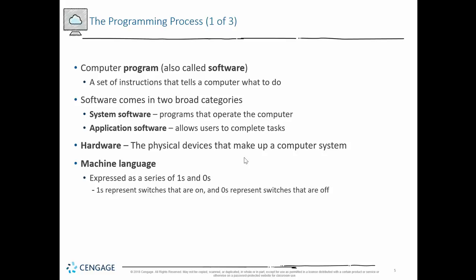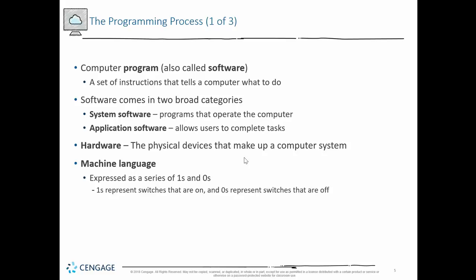Now, this is totally a software class as opposed to hardware. The hardware is the computer itself and all the physical devices that are associated with it: the mouse, the keyboard, the central processing unit, printer, etc. What we want to do is write high-level language, C# code, that we run through a compiler, and that compiler will convert our C# code into machine language.